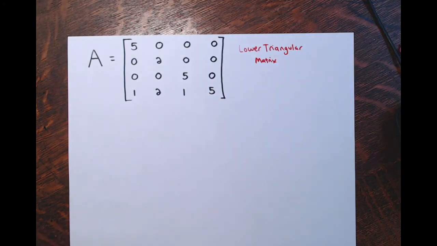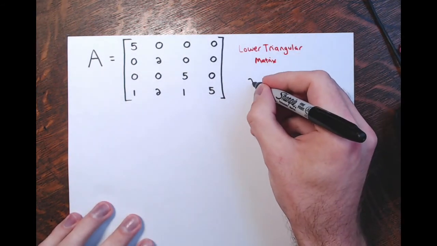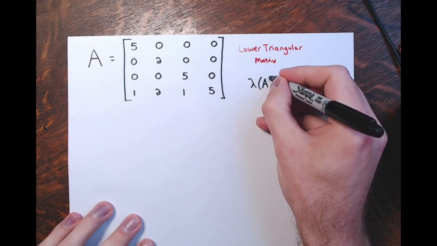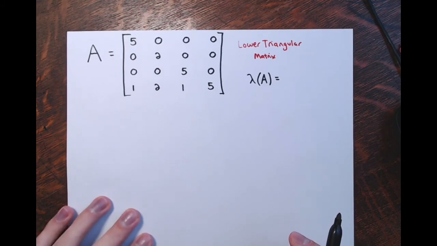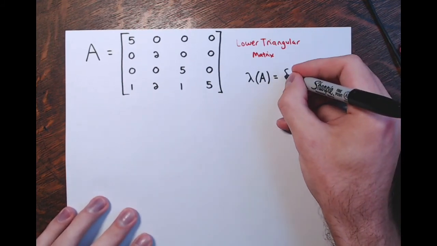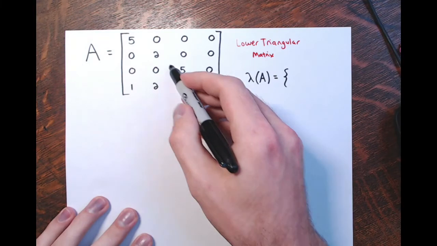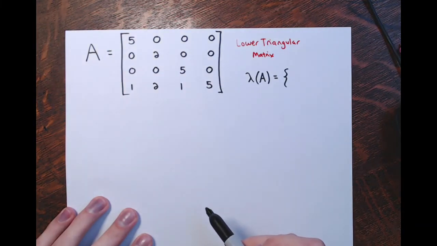So if you recall from section 8.1, for an upper triangular, lower triangular, or simply a diagonal matrix, the eigenvalues were just the values down the main diagonal.